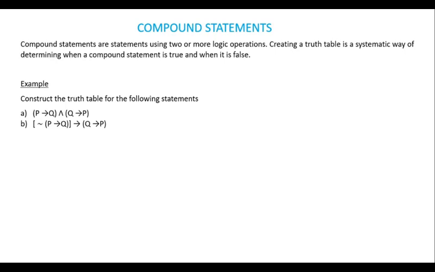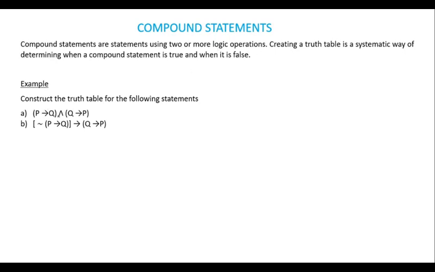Creating the truth table is a systematic way of determining when a compound statement is true and when it is false. Let's look at an example to further understand what we mean by compound statement. Example number 1. Construct the truth table for the following. We can see that in this compound statement A, we have the implication sign, which is one of the logic operations.